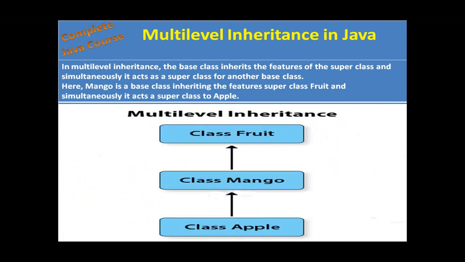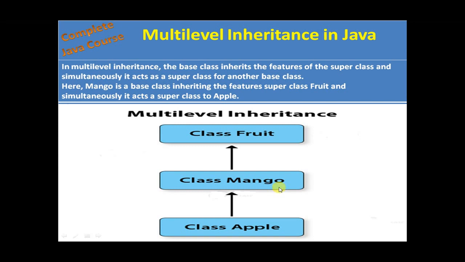It means there are multiple superclasses. For the class apple, what is the superclass? Mango is the superclass. And what is the superclass for mango? It is the fruit class. So whatever properties are in the fruit class will come into the mango class as well as the apple class.